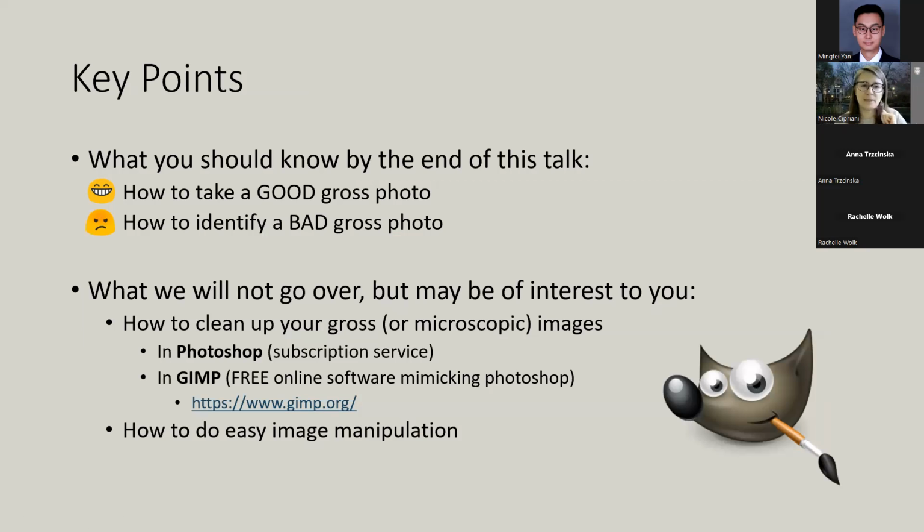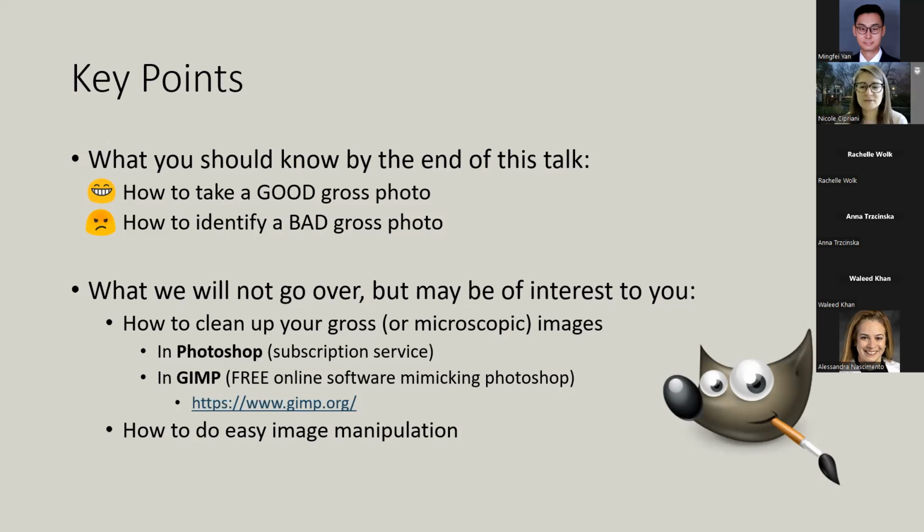So let's begin. What I would like to go through is how to take a good gross photograph and how to identify a bad gross photo and what things to do to make it better. What we will not go over, but I'm happy to take questions on privately or otherwise, is cleaning up gross or microscopic images in something like Photoshop, but that is always available for you.